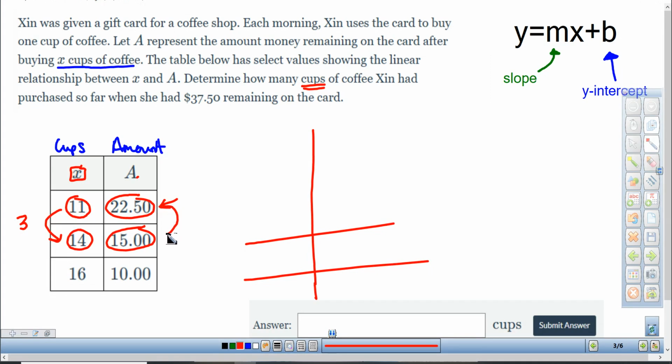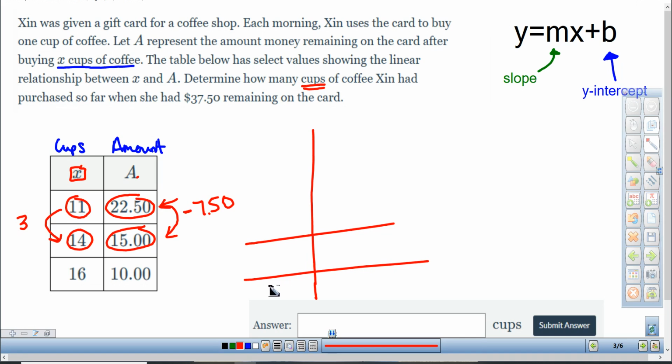And so how much did that go down? That is $7.50. That means if we buy 3 cups of coffee, it is worth $7.50. Add it to the card if you're decreasing the amount of cups, and subtract it from the card if you're increasing the amount of cups by 3.